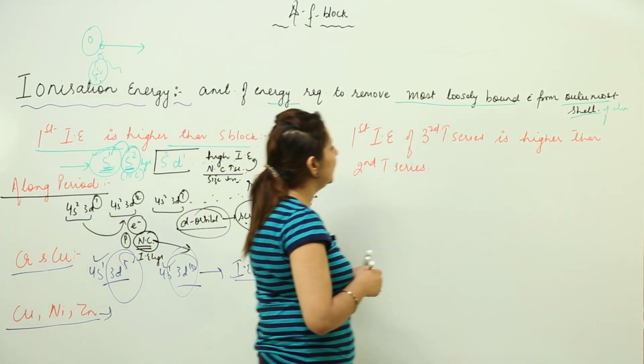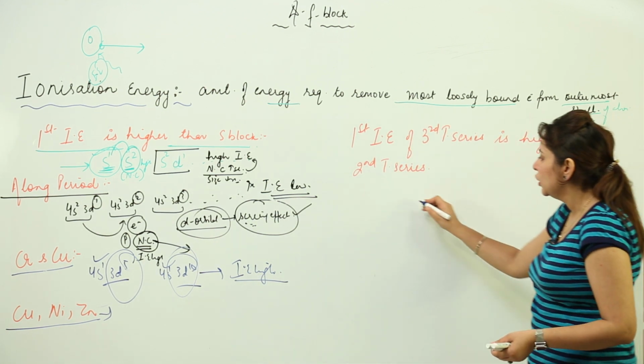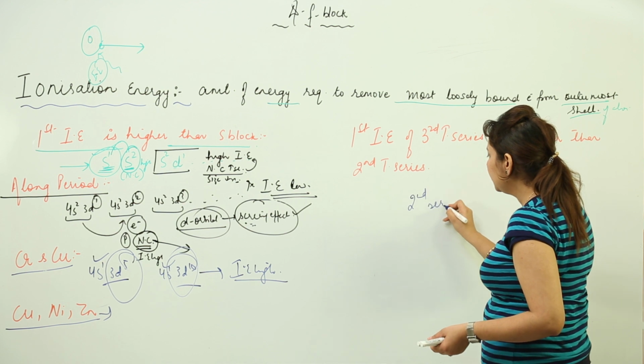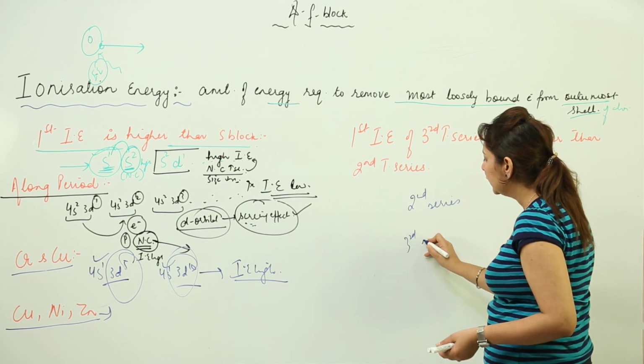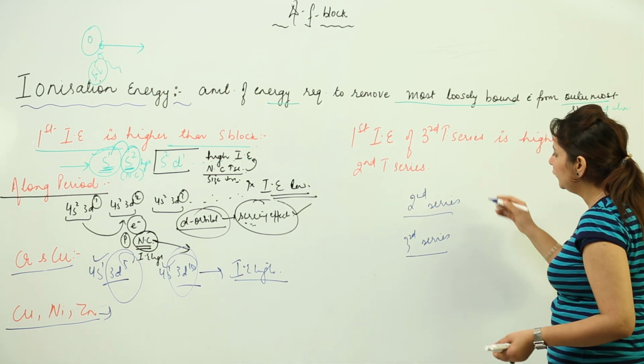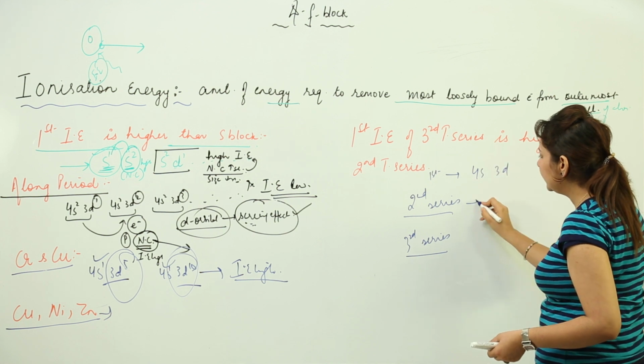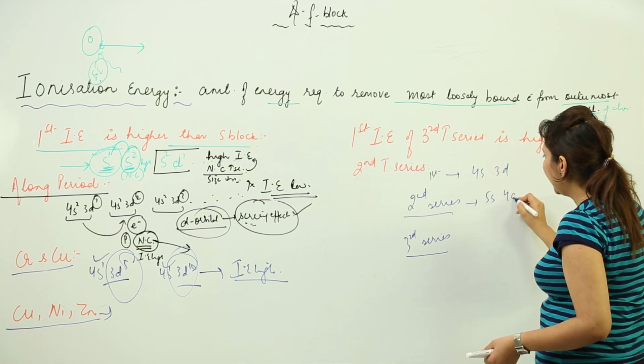Now, if we compare the ionization energy of the third transition series with the second transition series, let us take an example. Suppose this is my second series and this is my third series. In the first series, there is a filling of 4s and 3d. In the second, there is a filling of 5s and 4d.